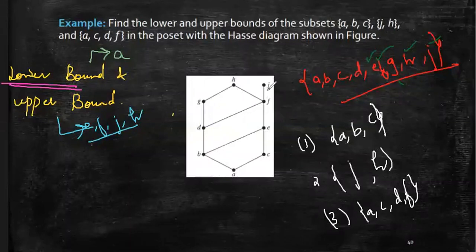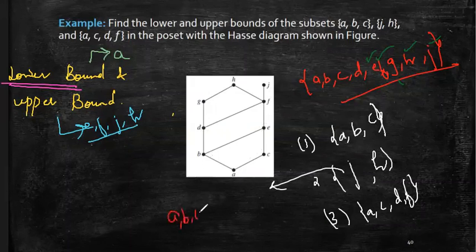All the elements, including J and H themselves, are lesser than it. So for J, we will have A, B, C, D, E, F.